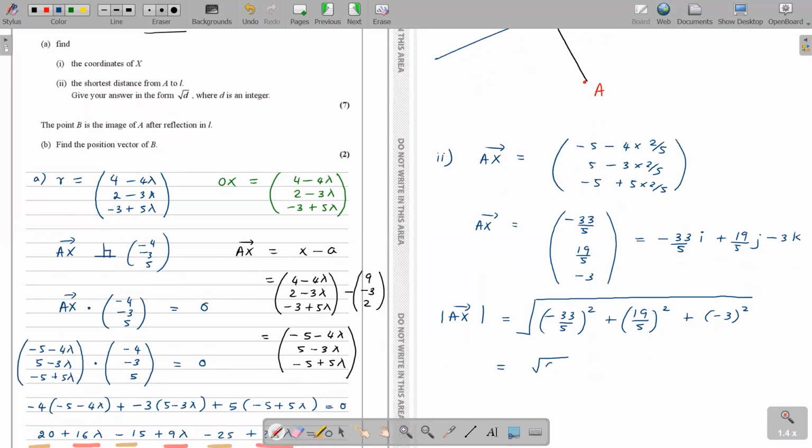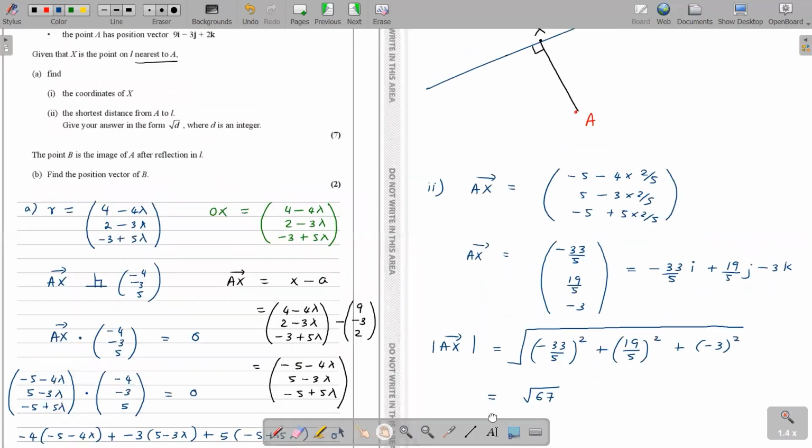Root 67. You directly get it in the calculator, you just have to type the whole thing. You get root 67 exactly. It doesn't factorize anything out. So that's the shortest distance, AX modulus.